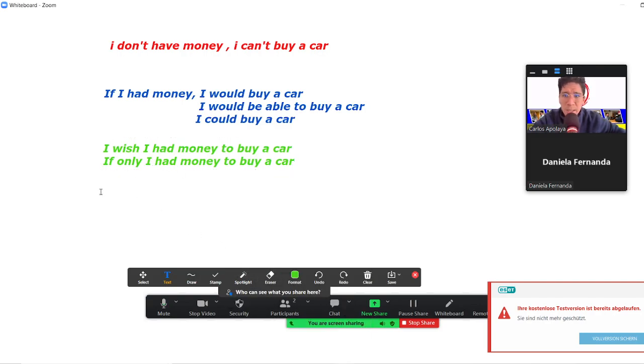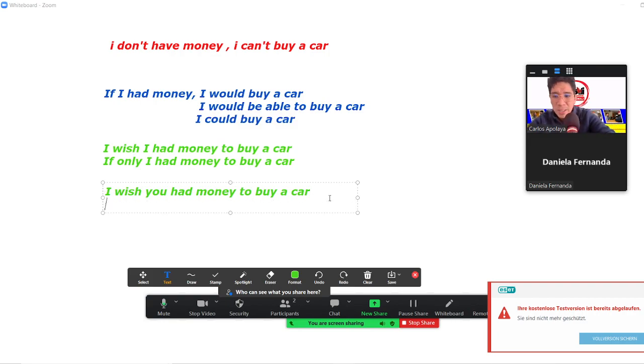Ahora, ¿qué pasa si yo te lo deseo? I wish you had money to buy a car.